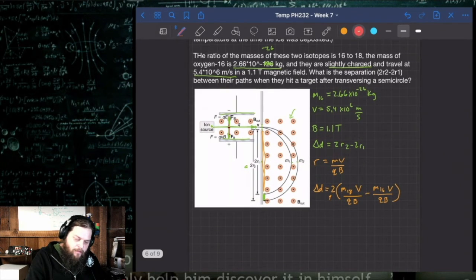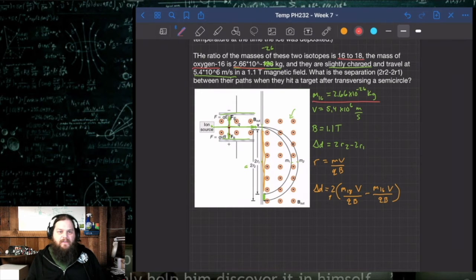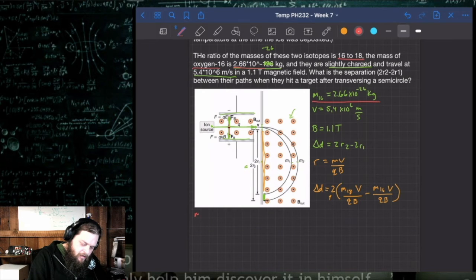Now, the ratio they give us between the two isotopes is 16 to 18, where the mass of oxygen 16 is, well, this guy here. Since we know oxygen 16, let's write oxygen 18 in terms of oxygen 16. We can say that the ratio M18 to M16 is equal to 18 over 16, which means that M18 is equal to 18 over 16 times mass of 16.